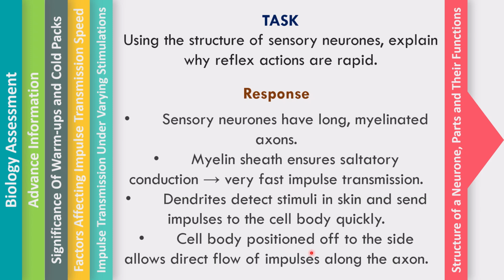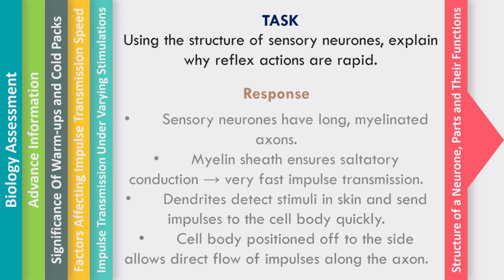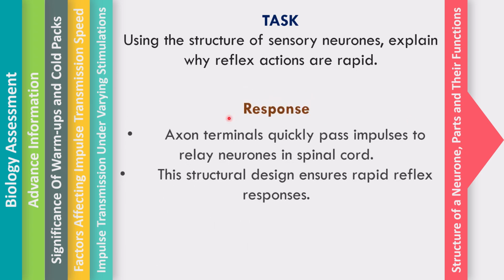Cell body positioned off to the side allows direct flow of impulse along the axon. Axon terminals quickly pass impulses to the relay neuron in the spinal cord. This structural design ensures rapid reflex responses.